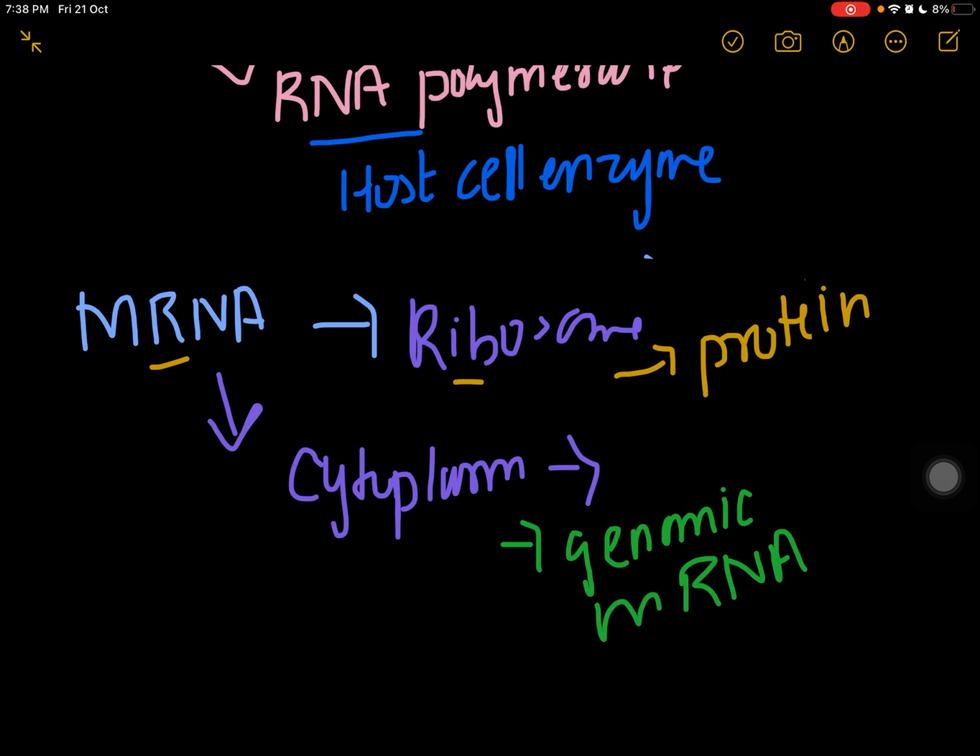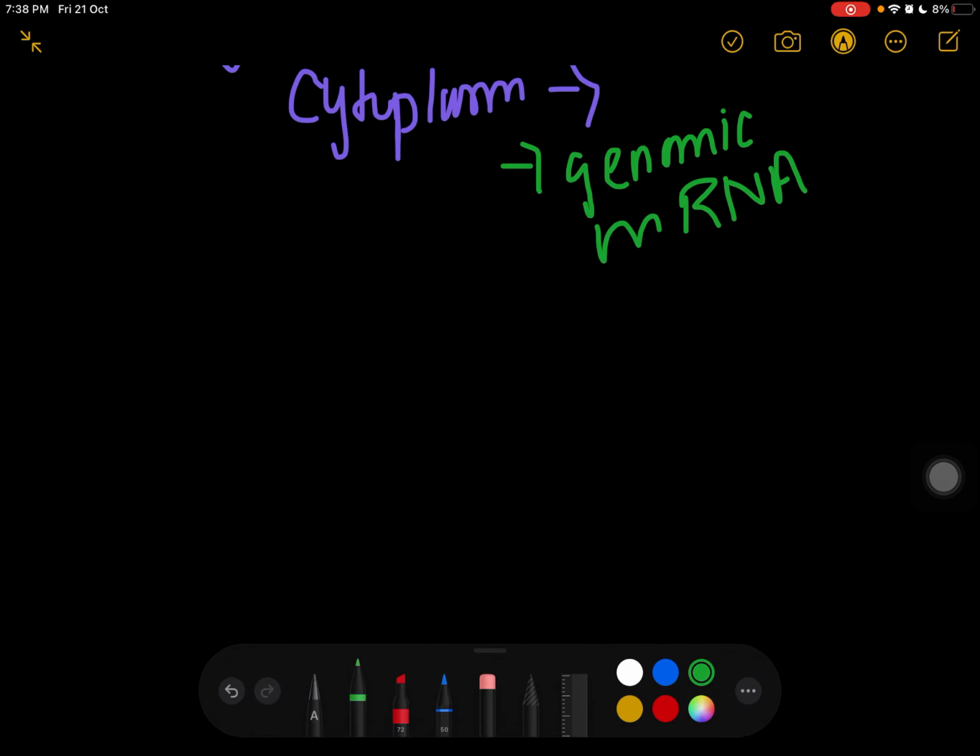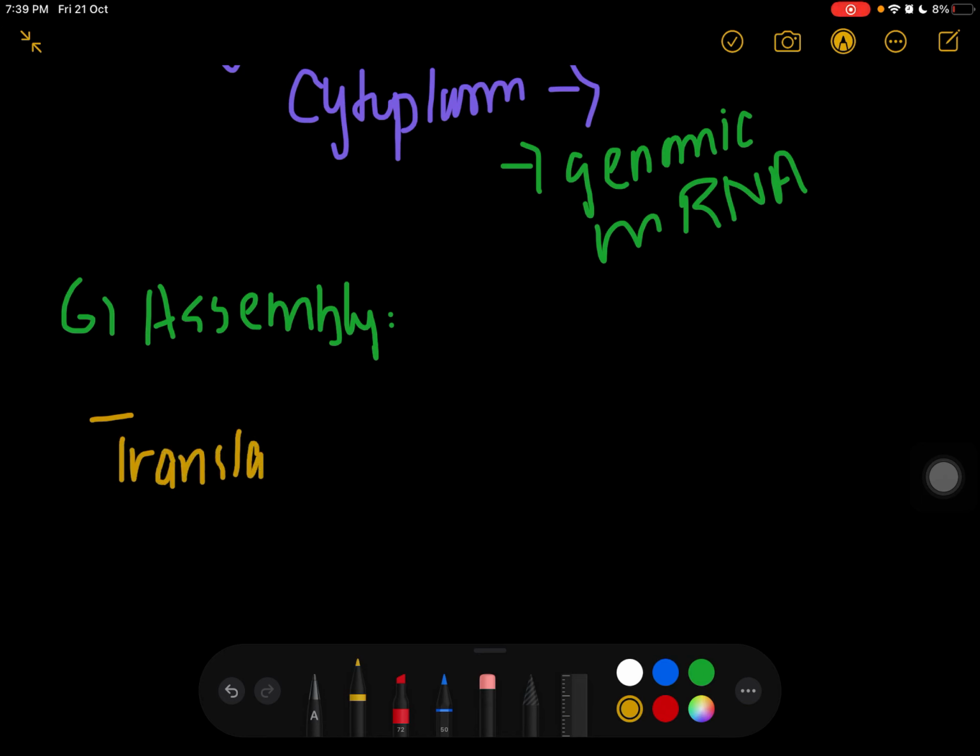Now we are having the sixth step, which is assembly. Now what happens after the translation, in the result of translation and in the ribosome, the proteins are formed, right?